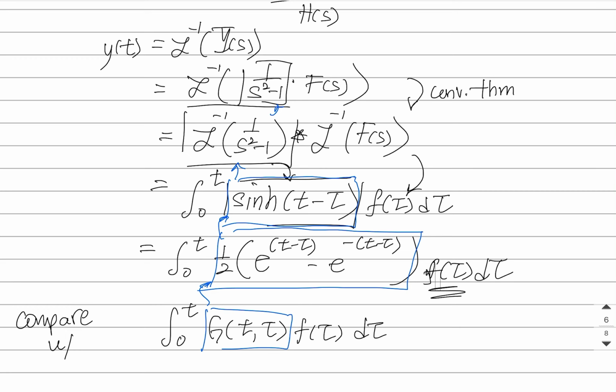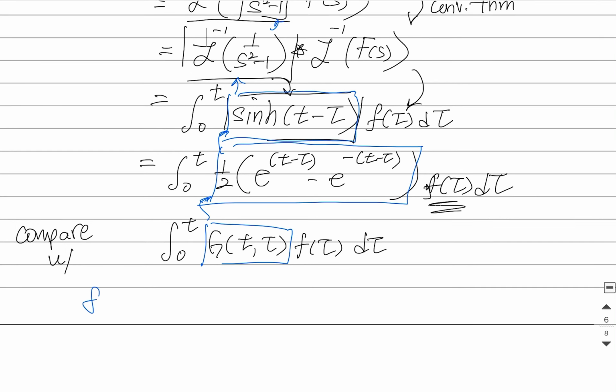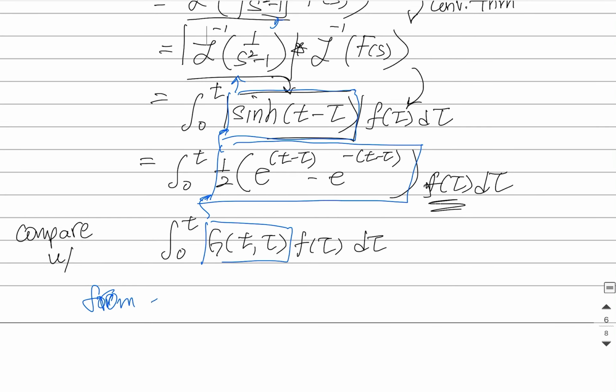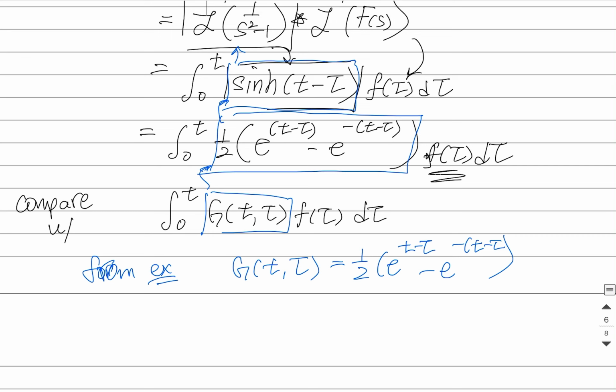Now, if we trace this back, in this particular example, where did the Green's function relate to? From this example, we can see that the Green's function turned out to be 1/2, actually all that exponential business. We could write it out: e to the (t minus tau) subtract e to the negative (t minus tau). But what's most important is that we make this connection.